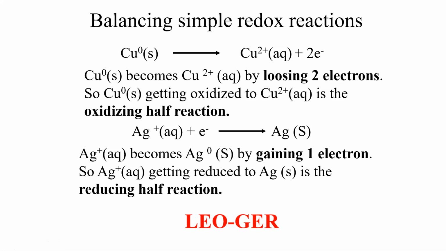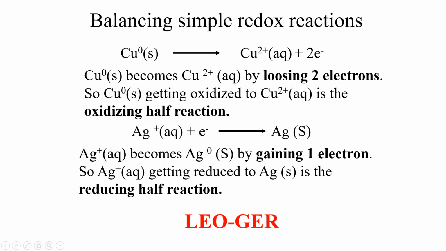So copper becomes Cu2+ by losing 2 electrons. Remember the acronym LEO: Loss of Electron is Oxidation. So copper loses 2 electrons, so copper is oxidized. This is the oxidation half equation: copper losing 2 electrons to become Cu2+, from 0 to 2+.